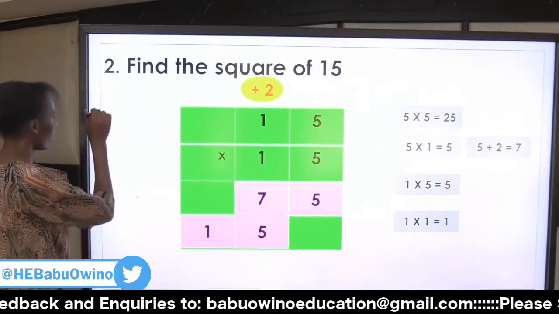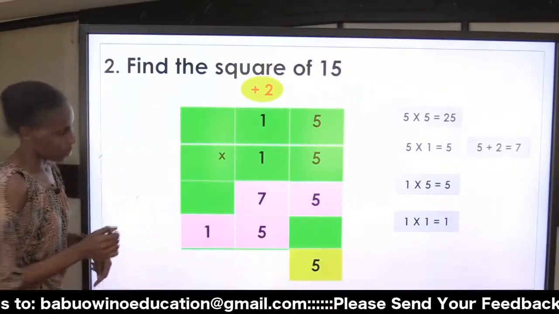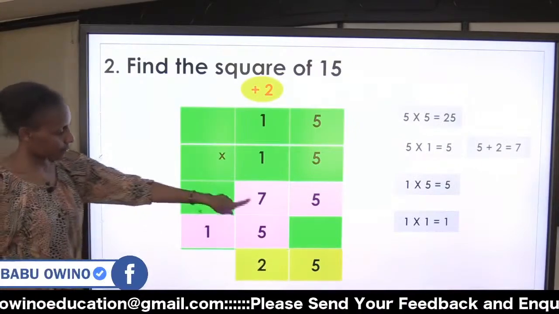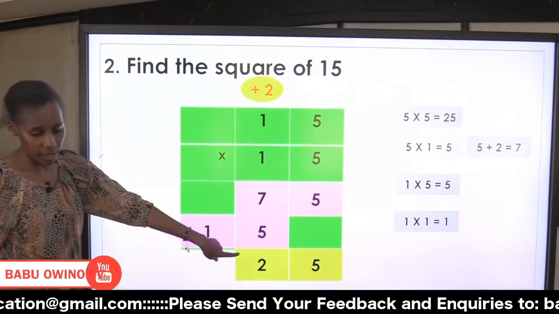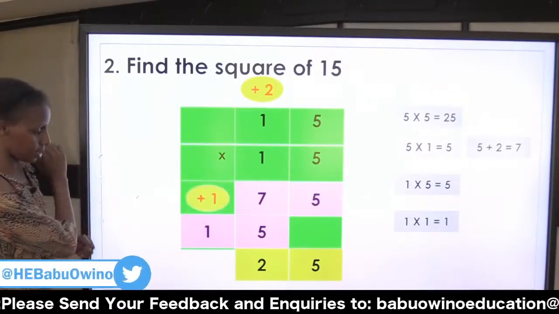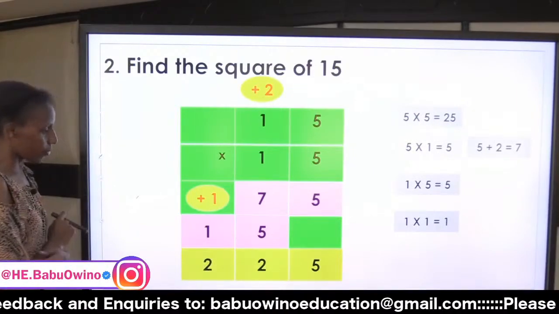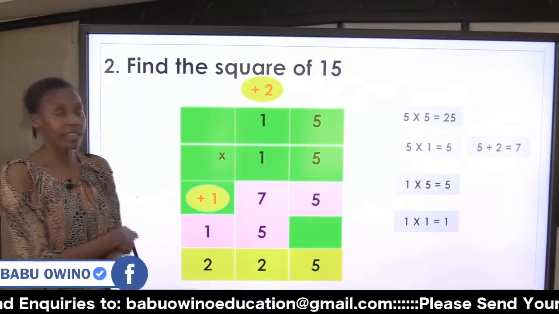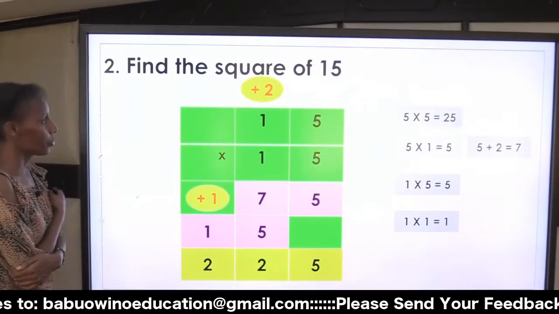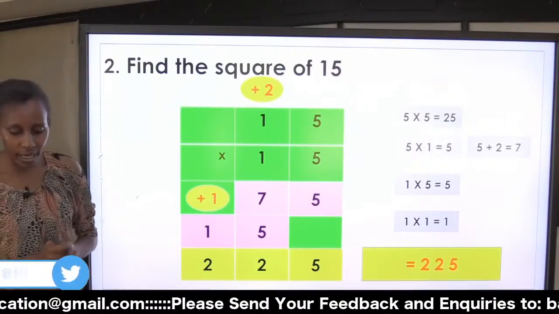We put together here, 5 comes down, then 7 plus 5 is 12. I write 2, then I carry 1. 1 plus 1 is 2, and therefore I've already found the square of 15, which is 225.